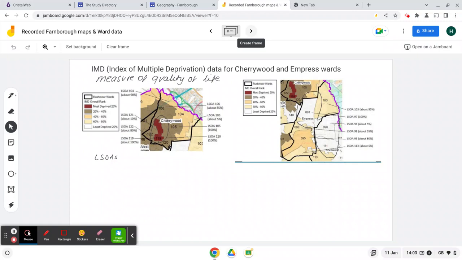Looking at the data, it showed me that in Cherrywood Ward, one of the LSOAs falls within the most deprived 20% LSOAs in the country. Empress Ward does not have any LSOAs which fall within the most deprived 20%. However, it does have 3 LSOAs which are in the least deprived 20% in the country. This is useful as it shows that there is social inequality between the 2 wards.